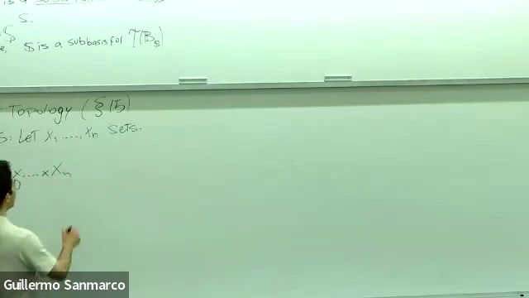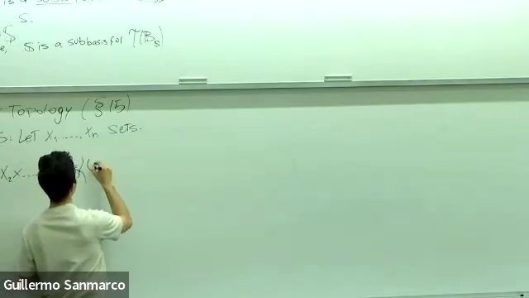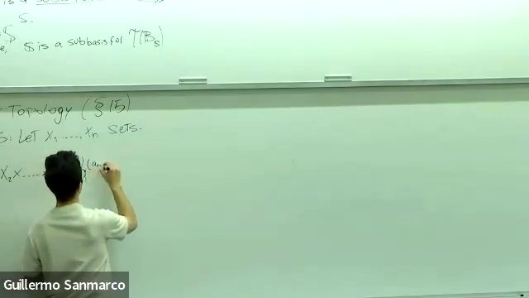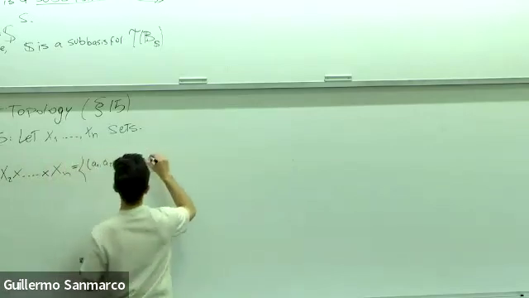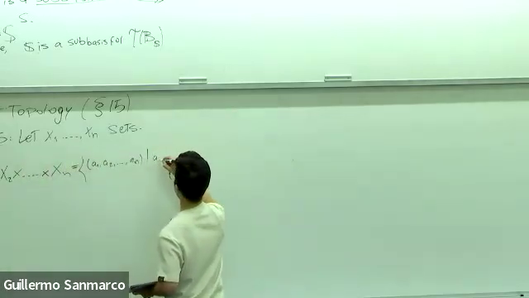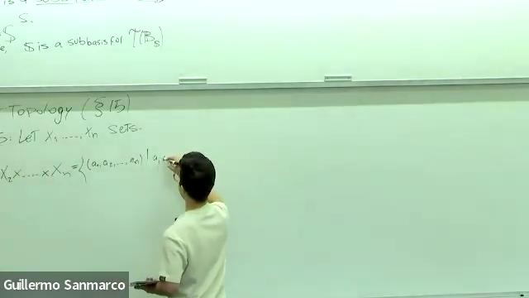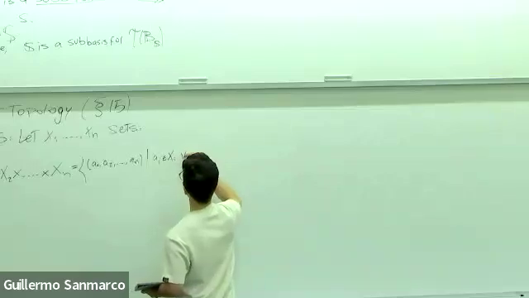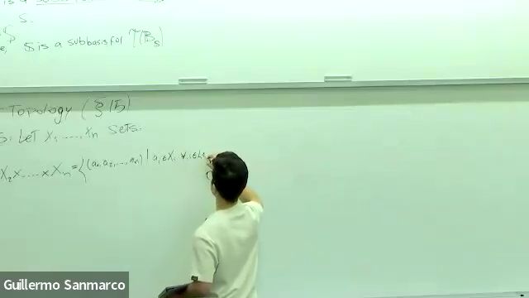We define this set, the Cartesian product, as the family of n-tuples (a1, a2, ..., an), where each ai belongs to the corresponding Xi, ai is in Xi for all i.